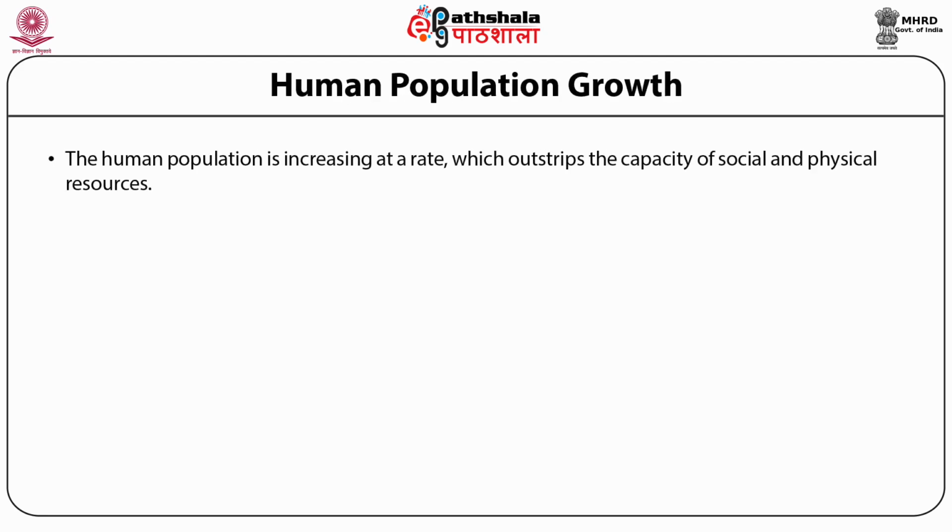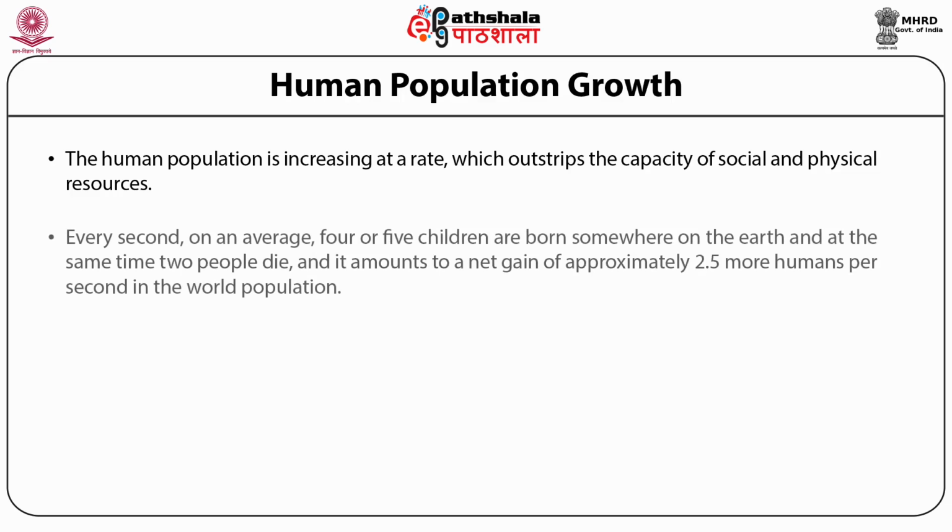The human population is increasing at a rate which outstrips the capacity of social and physical resources. Every second, on average, 4 to 5 children are born on the earth, and at the same time 2 people die, which amounts to a net gain of 2.5 more humans per second in the world.